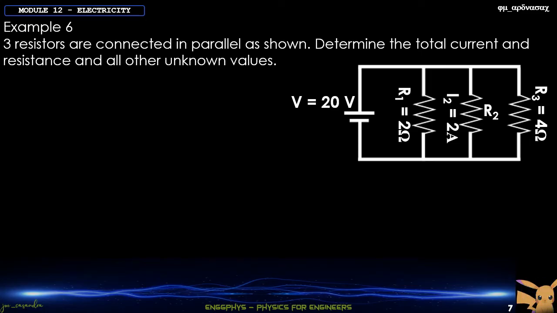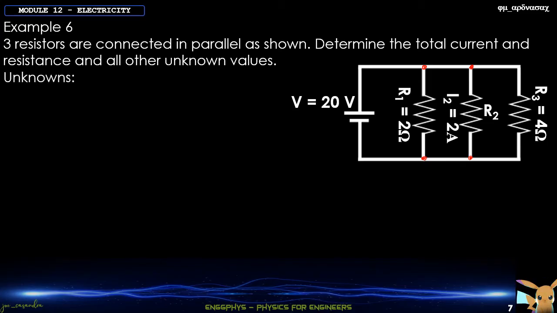So we have R1, R2, R3 connected in parallel. So makita natin R1 and R2 are joined at this point and this point. So they have two common points. Then R2 and R3 are connected at this point and this point. So they share two common nodes. So they are in parallel. Pero kung isa lang yan, it is in series.